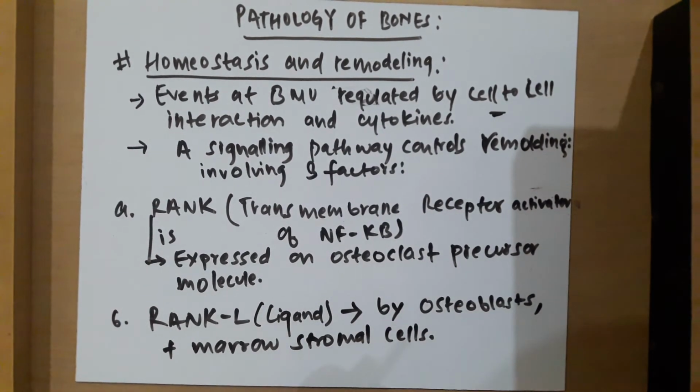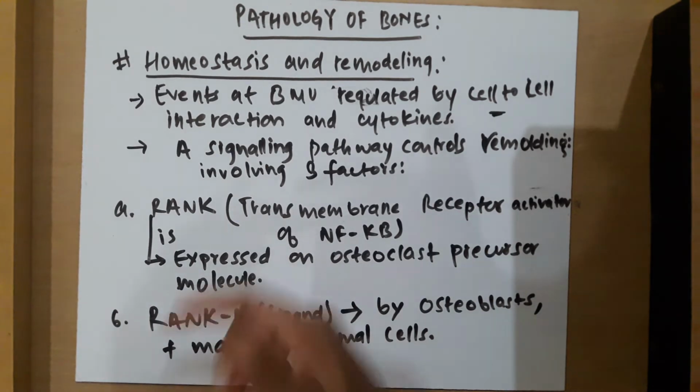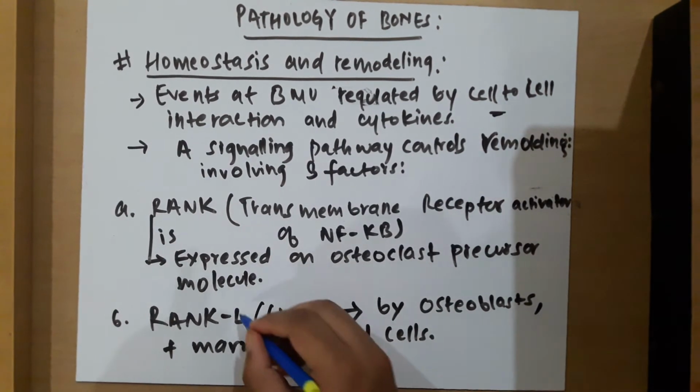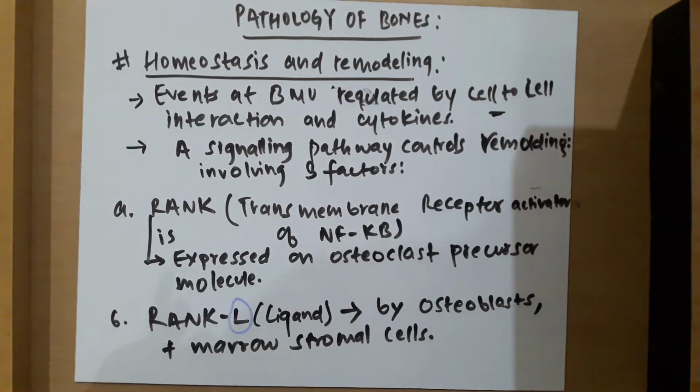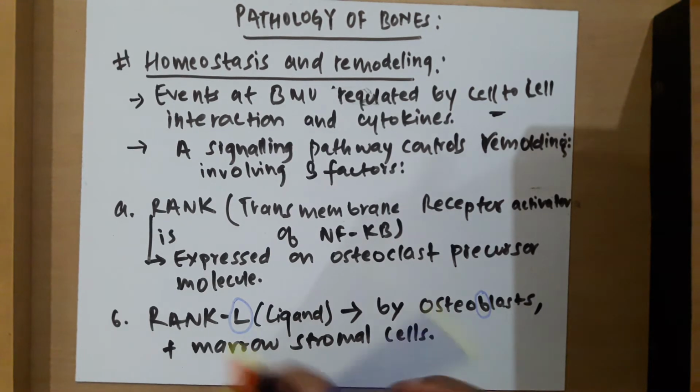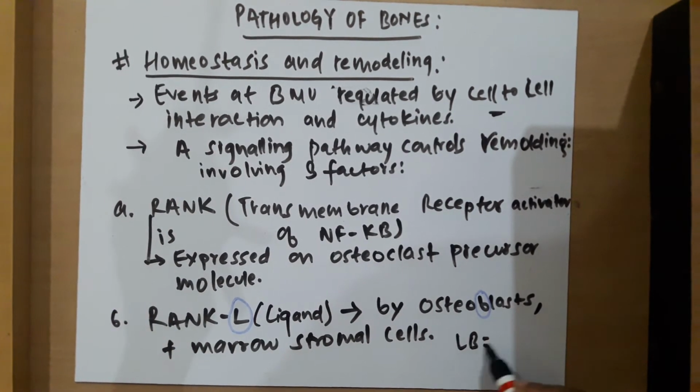So we often get confused about RANK and RANK ligand, what is expressed by what, osteoclast or osteoblast. I also got confused over here just now. So I use a trick to remember it. I use the letter L from RANK ligand and B from blasts, osteoblast. This will give me a code LB, left back.